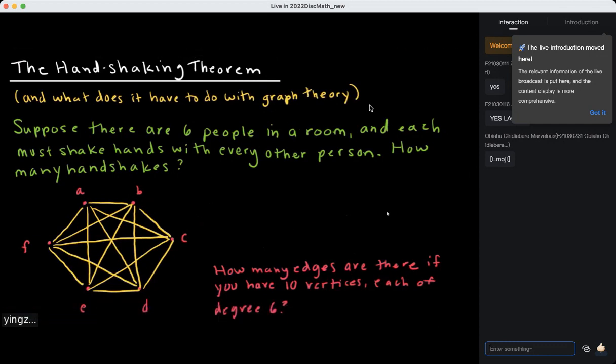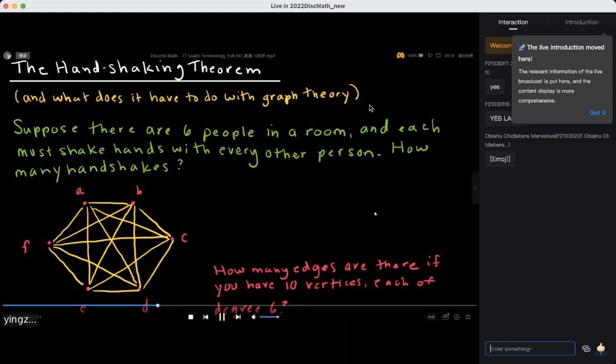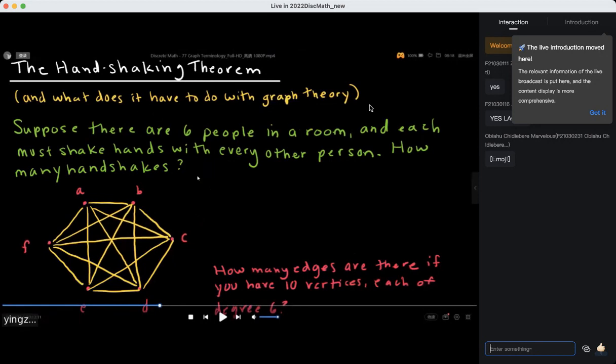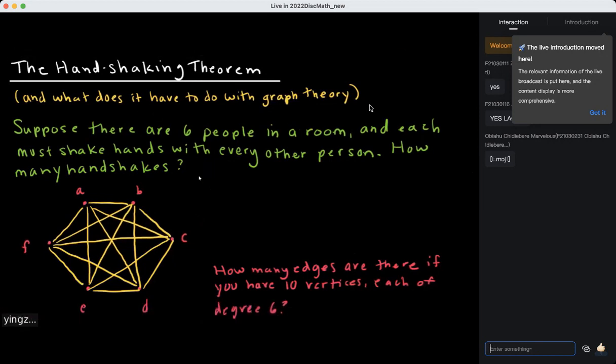The handshaking theorem, and you might not see this called the handshaking theorem everywhere, but it is a theorem or a relation that we're going to use often in graph theory. So this question is a concrete, real-world question.